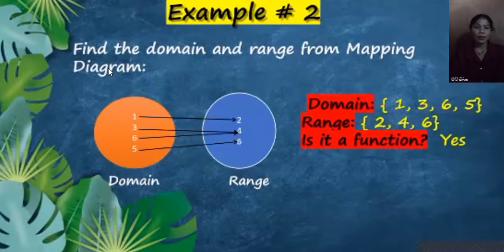Okay. Example number 2. Find the domain and range from the mapping diagram. You should always remember the arrow pointing.